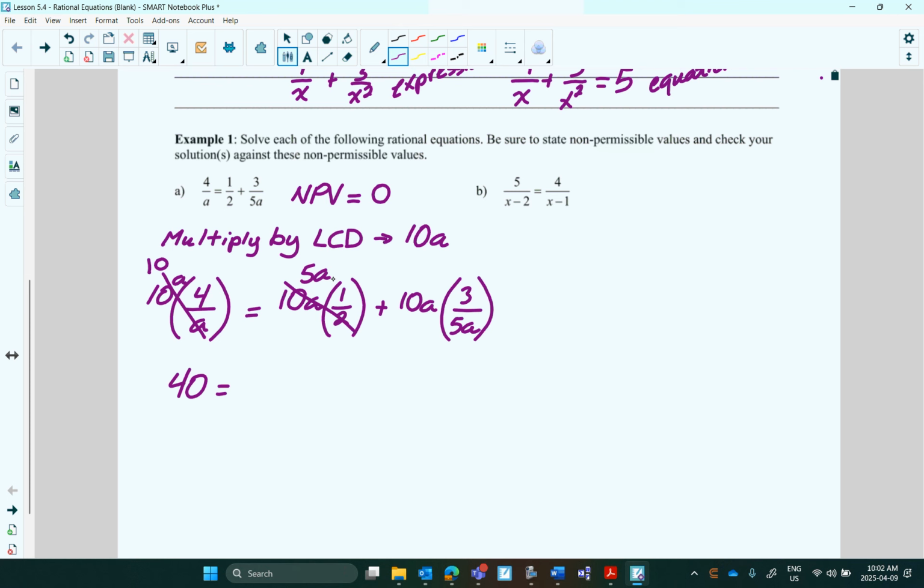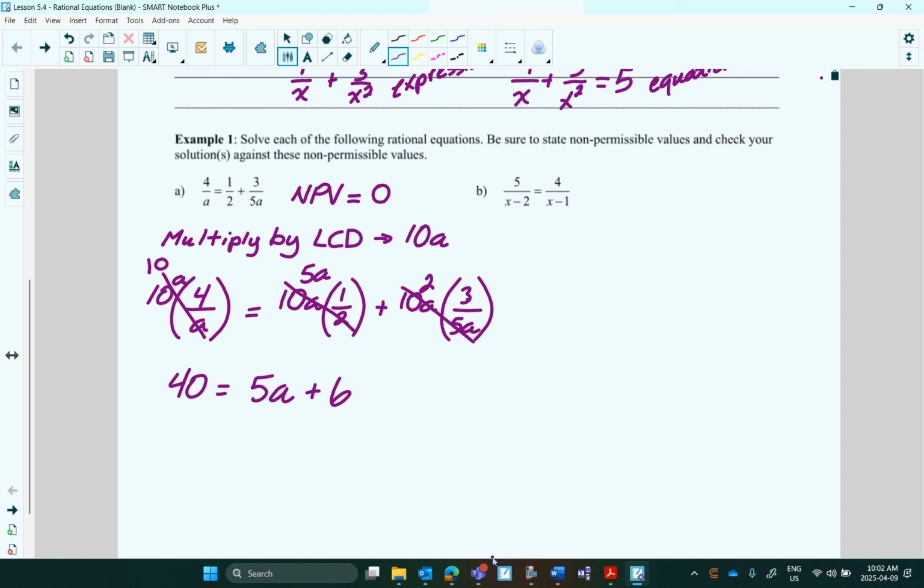Times 1 is still 5A. 10A divided by 5A is 2. And I have to times it by 3. Now I've got a very simple equation left to solve.